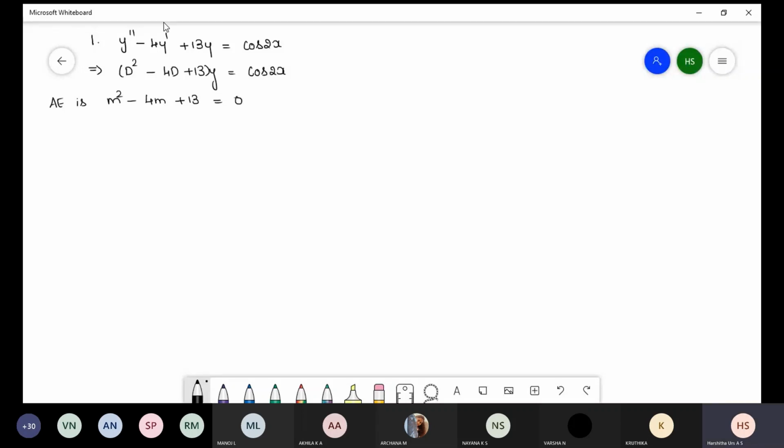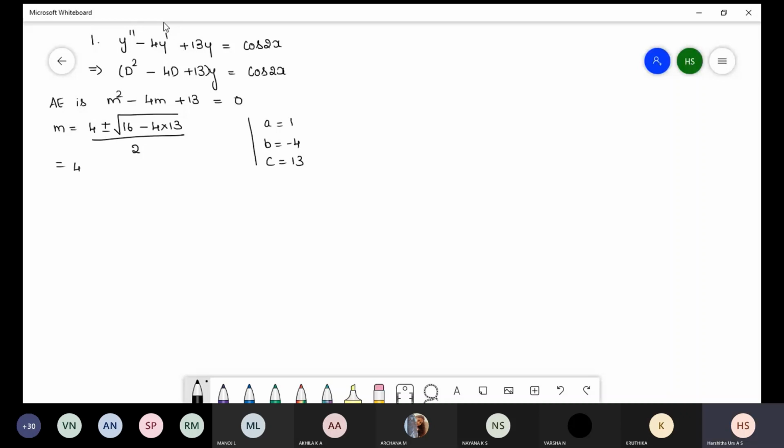So here directly we can apply the quadratic formula, that is m is equal to, here a is equal to 1, b is equal to minus 4, c is equal to 13. So minus of minus 4 means plus 4, because the formula is minus b. So 4 plus or minus root of 16 minus 4 into 13, divided by 2.